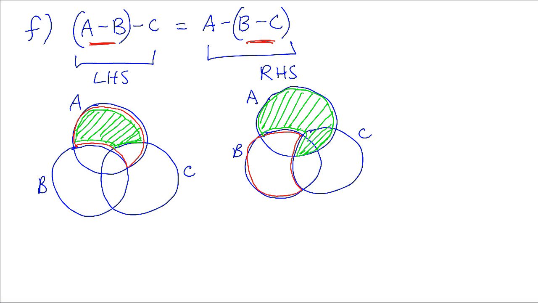You can see that the two sides are clearly not equal. That shows that when you have A minus B minus C, you really do have to put the parentheses because you have to tell which one is going first. The right hand side is green there, the left hand side is green here. Okay, hopefully that helps, and thanks for listening and watching.